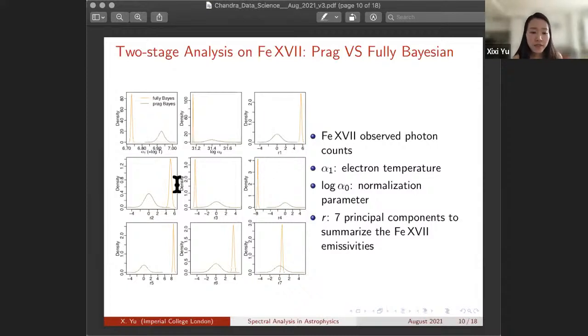Each panel is for a specific parameter, like alpha 1 represents the electron temperature, log alpha 0 is the normalization parameter, and we have incorporated 7 principal components to summarize the iron 17 emissivities.